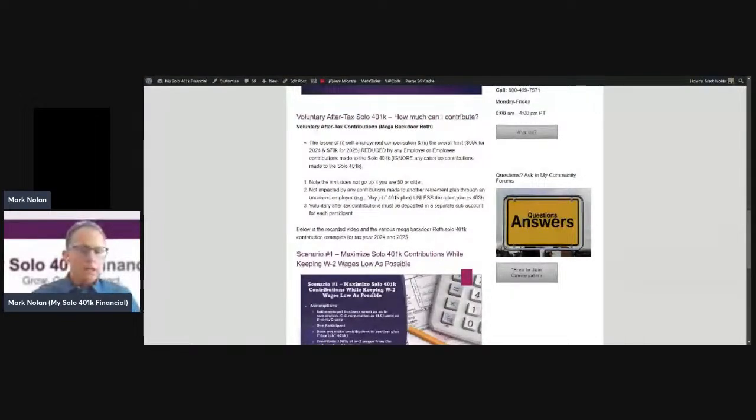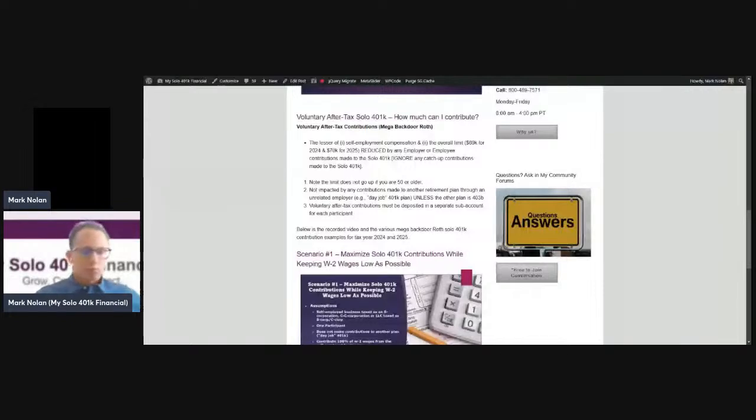Ignore any catch-up contributions because catch-up contributions do not apply to voluntary after-tax 401k contributions, including solo 401k contributions. Catch-up means that extra $7,500 for those age 50 or older.